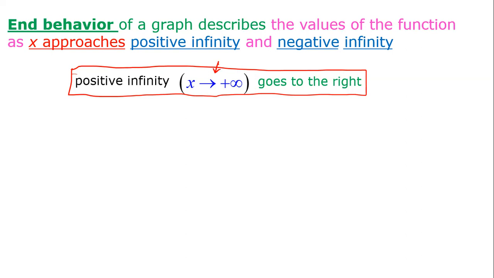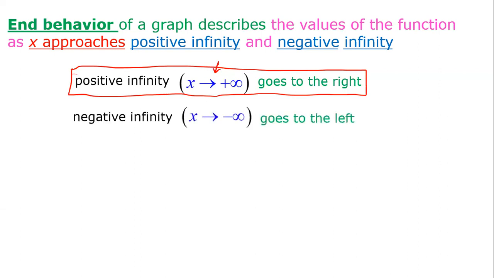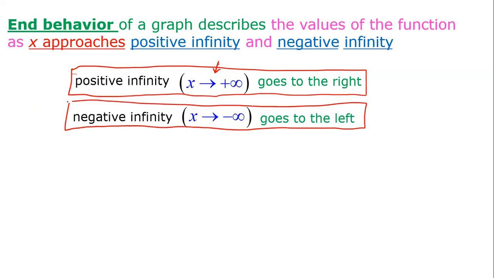Okay. So what do you think negative looks like? X with a minus. And that means it's going to the left. Okay. So when we're looking at negative infinity, we write as x goes towards negative infinity. And that means we're looking as the graph goes to the left.